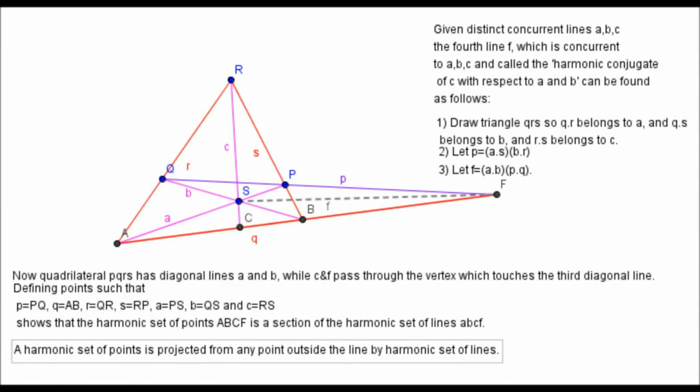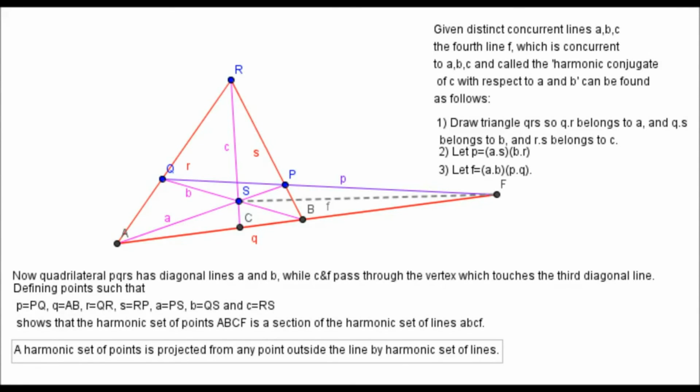Another way to say it is that if you have a subset of a pencil of a point, and that turns out to be a harmonic set of lines, and you see where the members of that subset hit another given line, then the places where they hit that line, the members of the range of that line, will form a harmonic set of points on that line.